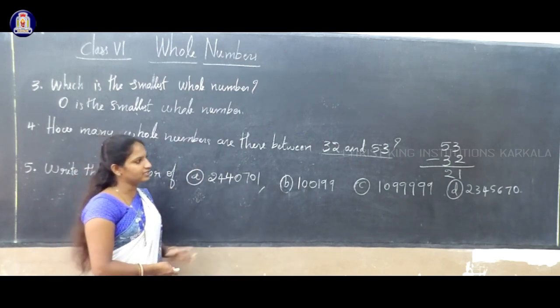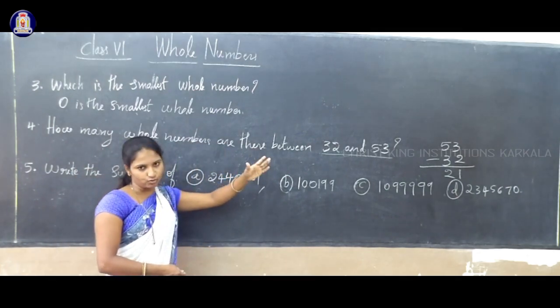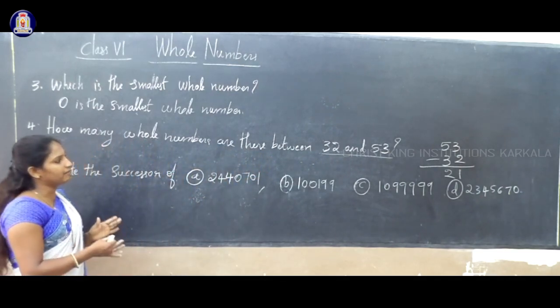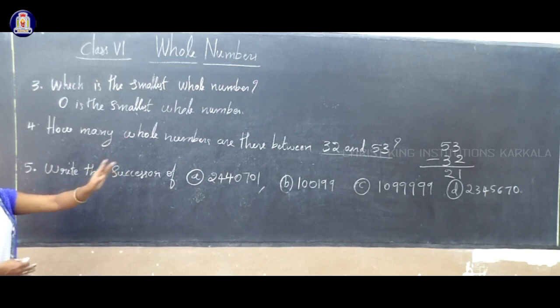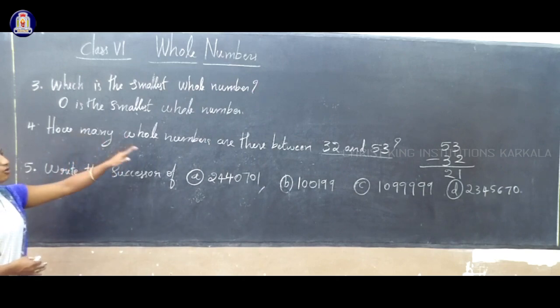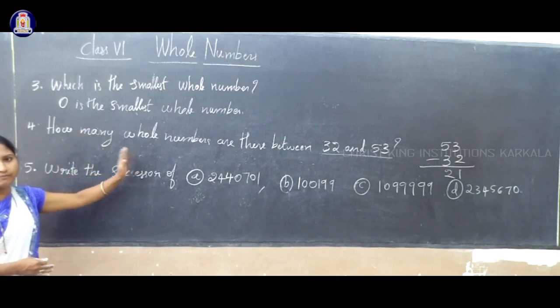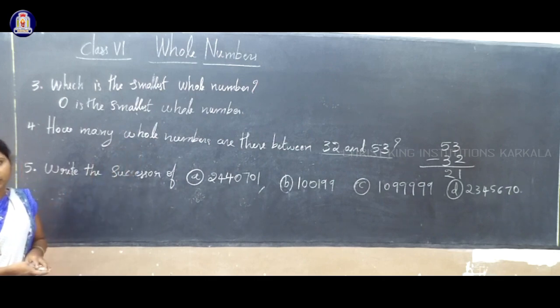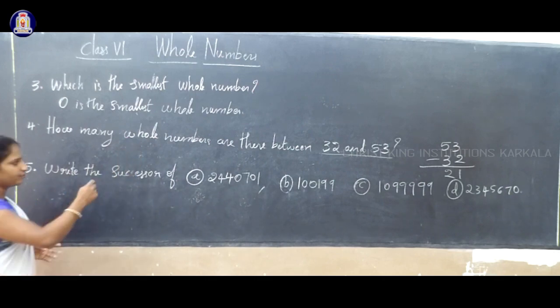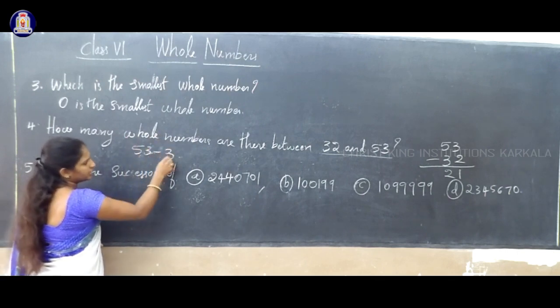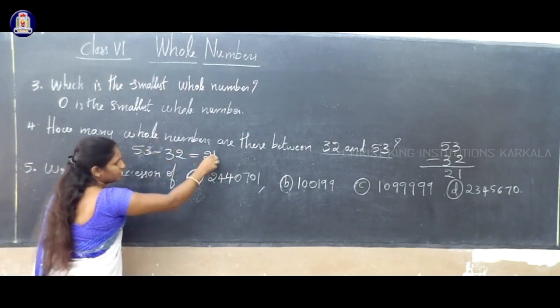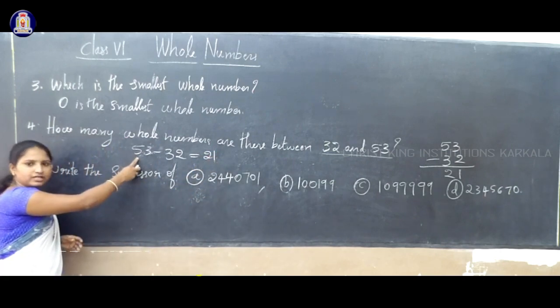Clear? 53 minus 32, answer 21. But in this we included 53 also.